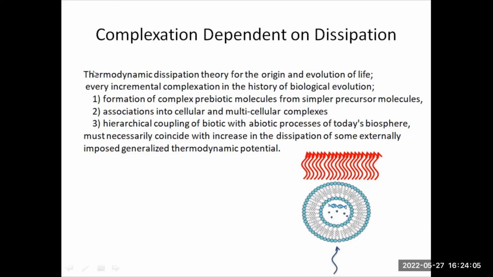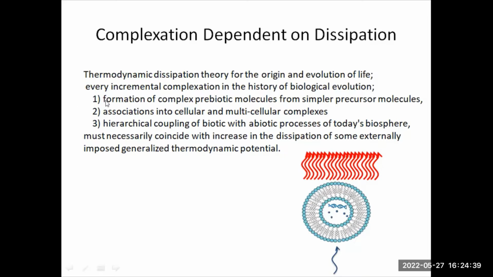Okay, but as I have always mentioned in this class, the thermodynamic dissipation theory for the origin and evolution of life requires that any incremental complexation in the history of biological evolution has to occur through an increase in the dissipation. So things will start to get complex only if the complexation increases the amount of dissipation that the system can produce.